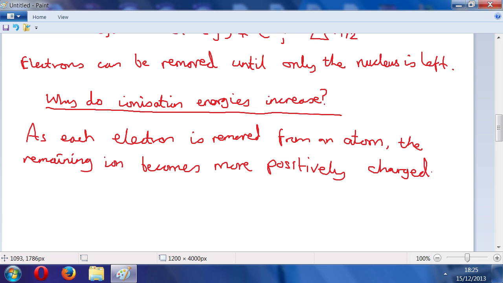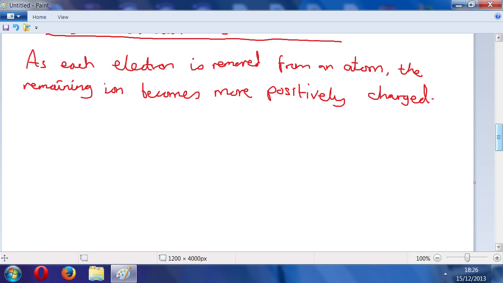You can imagine what that's going to do. If you're thinking of a number line or something, it's going to become more positively charged if you remove the electron. So it's going to be a bigger sort of explosion to get the next one. I can't think of any parallels, but you can't always think of parallels. Because it's more positively charged.